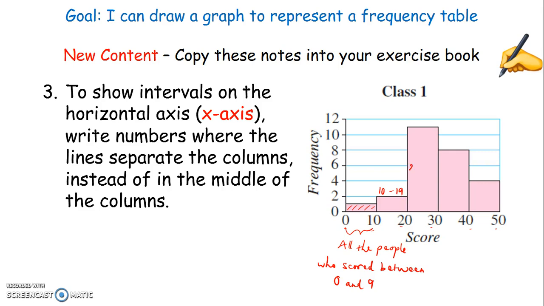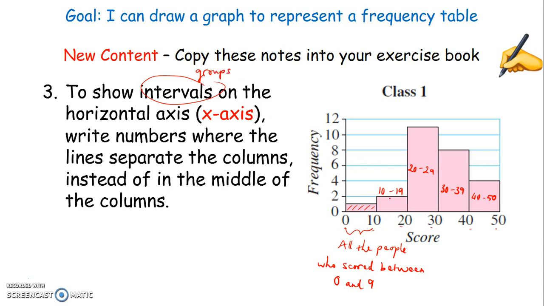In this one we have all the people between 20 and 29. This one we have all the people between 30 and 39, and in this final one we have all the people who score between 40 and 50. The last one is a bit different, but that's okay. We know that for this test the maximum score is 50. So basically for intervals, what we're doing is just grouping.